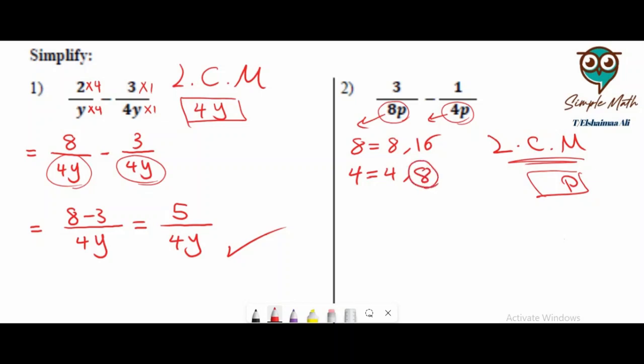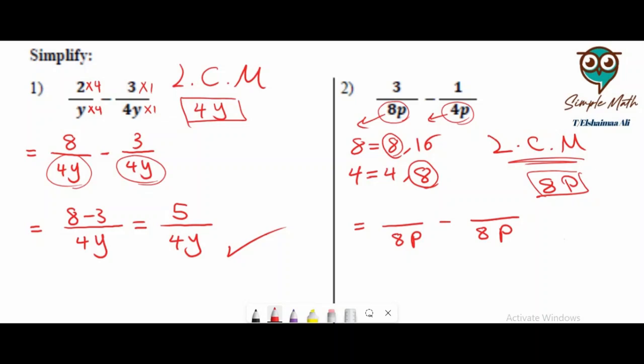Here we have a common multiple between 8 and 4 and it is of course 8. So we are going to take 8 as the common multiple between these two numbers. So we are going to rewrite the fractions by putting 8b for the denominator, 8b for both fractions.